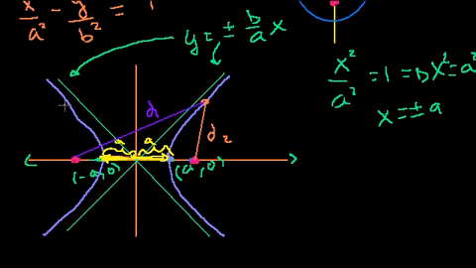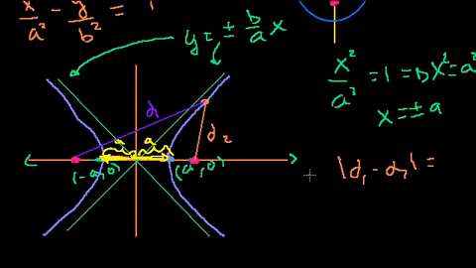If you're on this curve, d1 will be shorter than d2. So the absolute value of d1 minus d2 is going to be equal to a constant. In the ellipse situation, d1 plus d2 was a constant. So they're very closely related. In the ellipse, you're taking the sum of the distances to the focus points and saying it's a constant. In a hyperbola, you're taking the difference of the distances to the focus points and saying that's a constant.